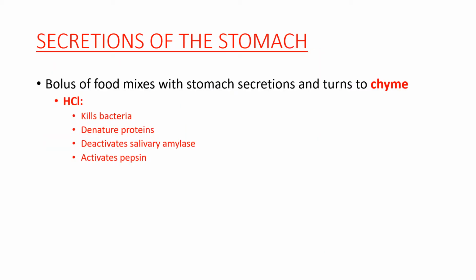Food that arrives at the stomach is called bolus. The bolus of food mixes with the stomach secretions and turns into chyme. Hydrochloric acid acts on the chyme by deactivating salivary amylases.